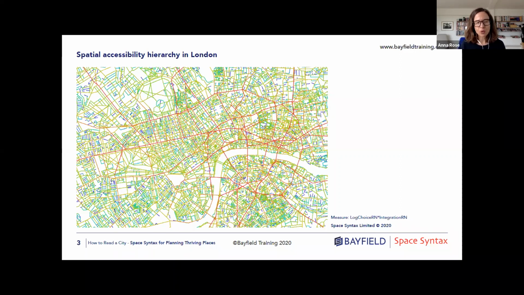So they're slightly more quiet areas, but what is really important is the interplay between these areas and the more global network of the city. So this is a very wealthy part of London, and it has quiet streets, but at the same time, you're close to the most integrated street of all of London, Oxford Street.